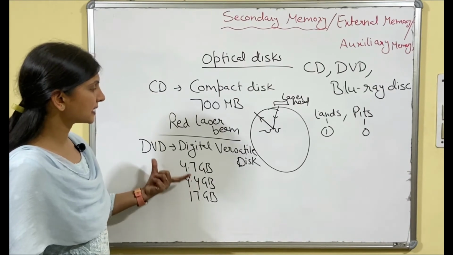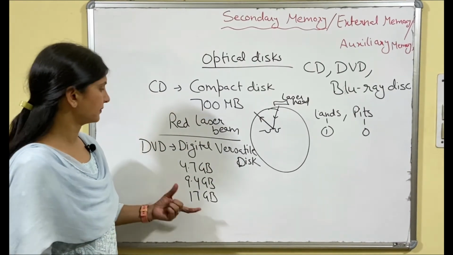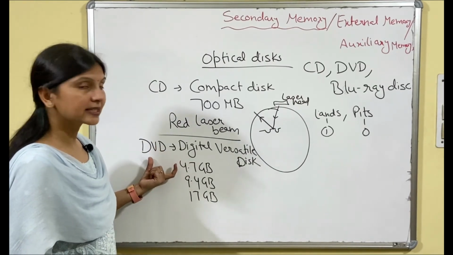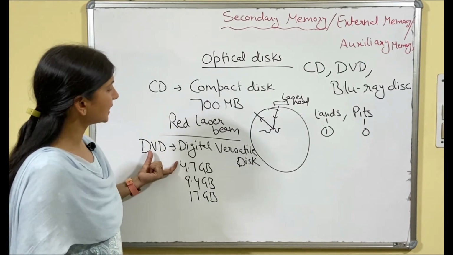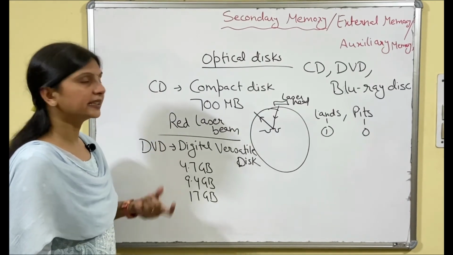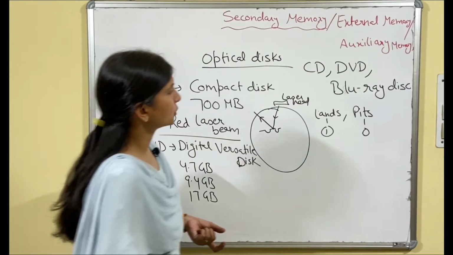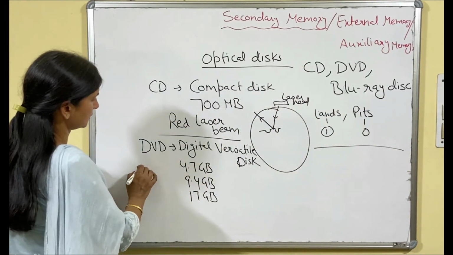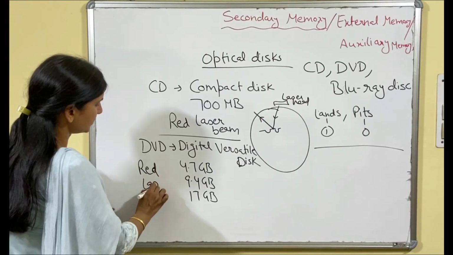So its storage capacity is more as compared to the CD. I told you earlier it needs a DVD drive, and a DVD drive can run both CD as well as DVD. In DVD also we use red laser beam.